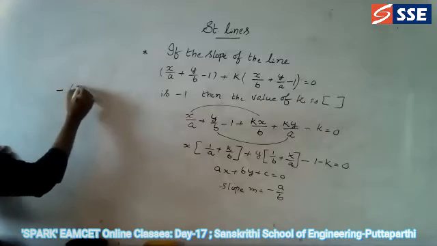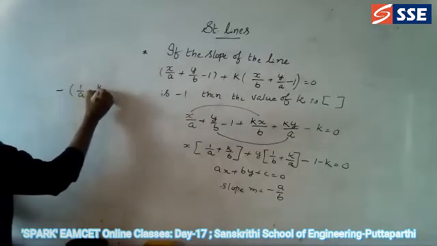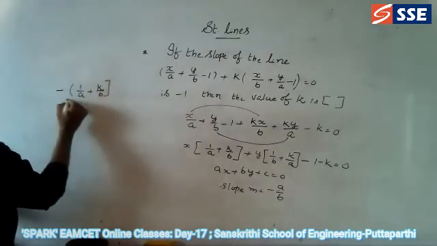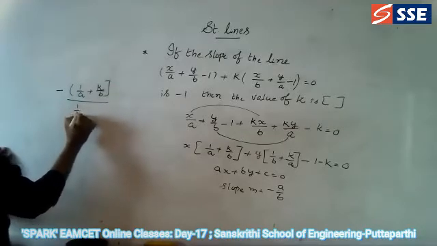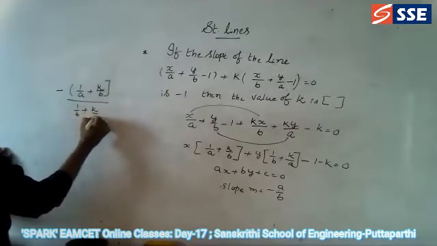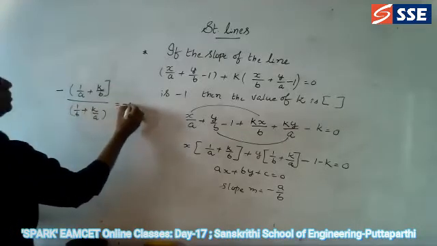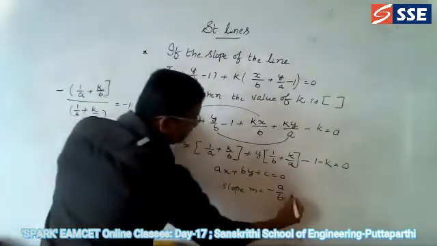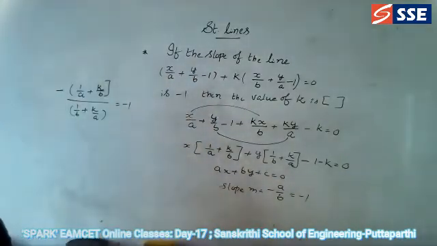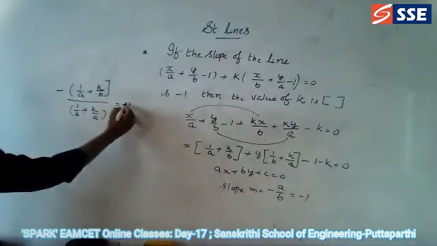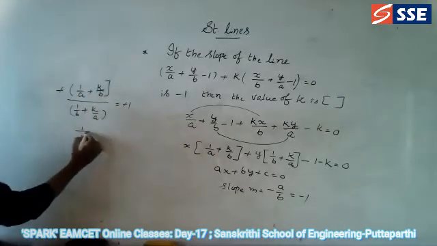So minus of 1 by a plus k by b divided by 1 by b plus k by a is equal to minus 1. Slope is given as minus 1. The minus signs get cancelled, and simplify it.